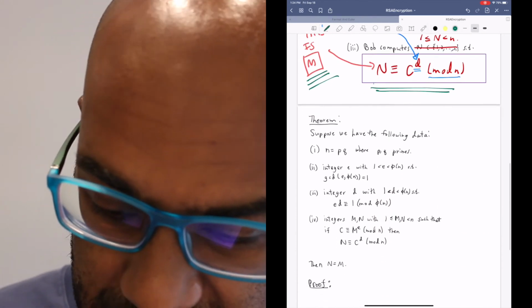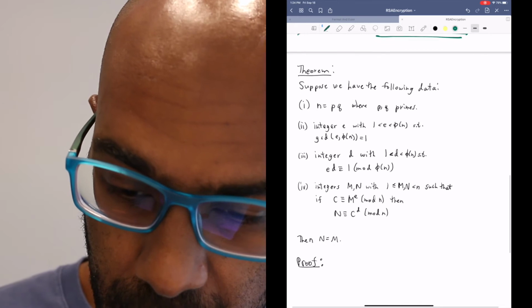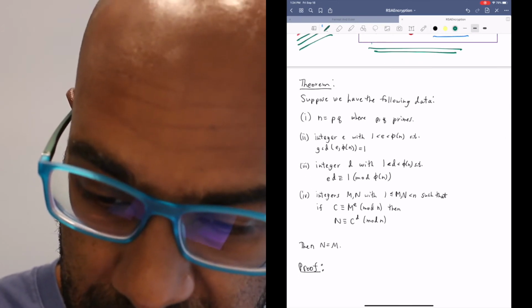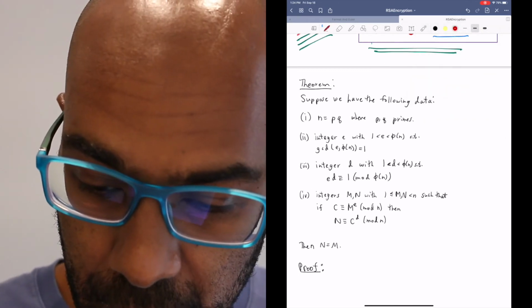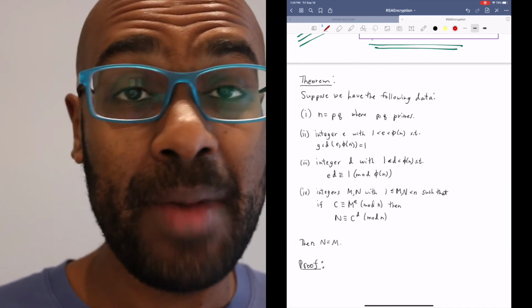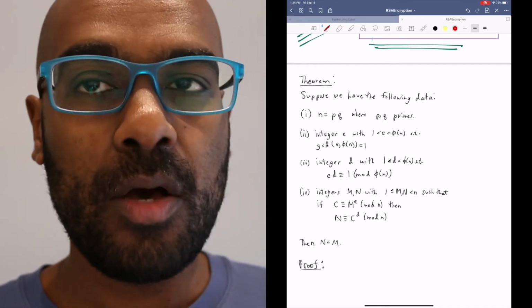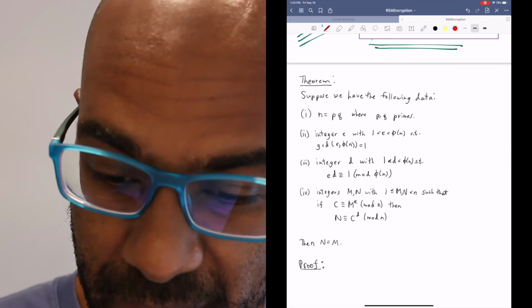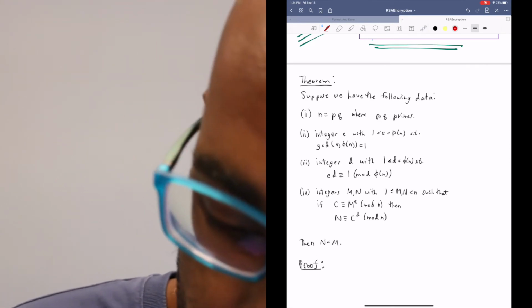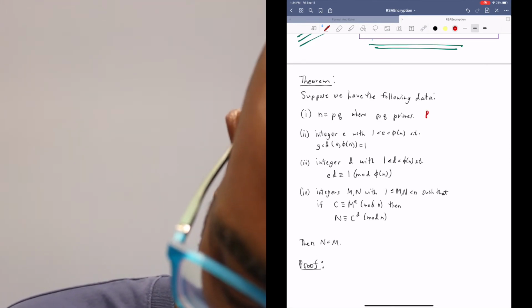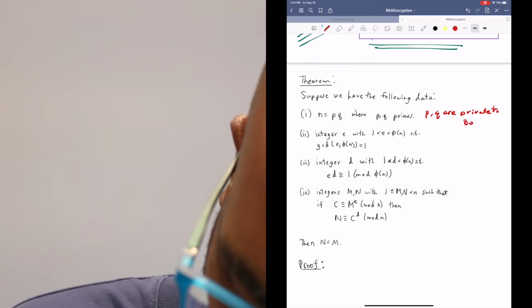So we have all this different data. Let's recap what all of this data is, and then analyze why it's the case that N and M actually have to be the same. Okay, so the data is, we have this number n, which is PQ, and P and Q are private to Bob. Only Bob knows these numbers.